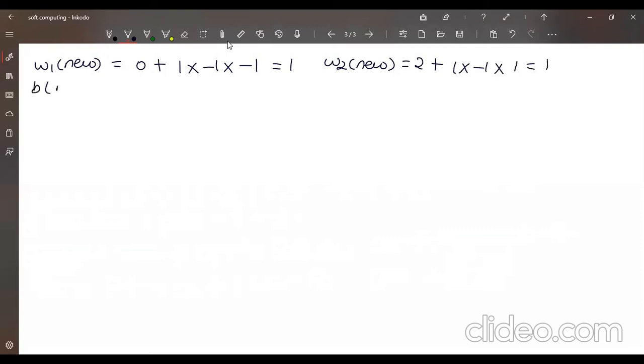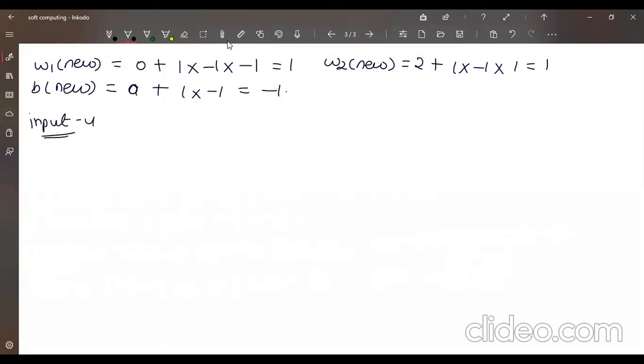And bias value B new is equal to old bias value, which is 0, plus alpha 1 into target value minus 1. So 1 into minus 1, minus 1. Now with these updated weights, let's find the input value for the fourth input.